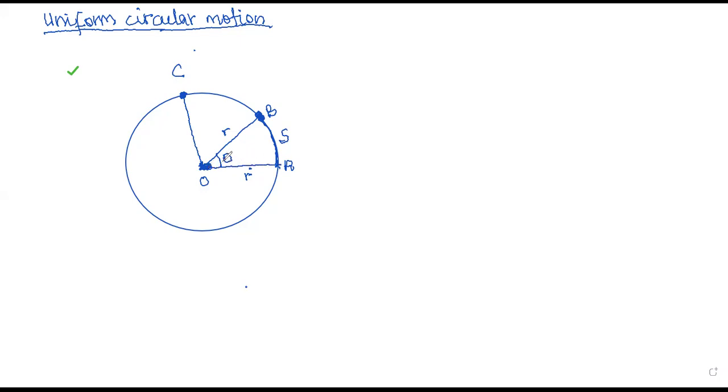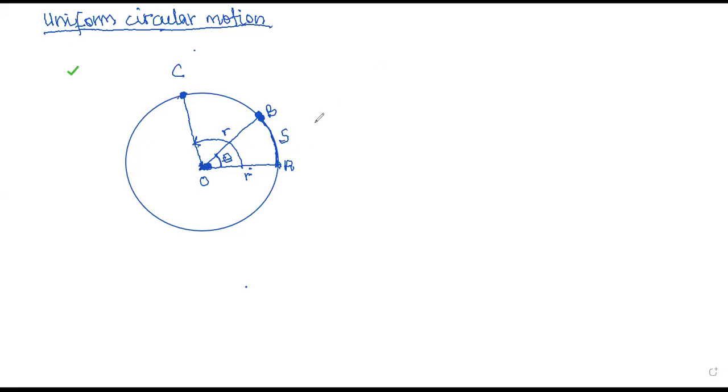So theta. While the body moves within the circular path, the radius of the circle also seems to sweep a certain angle at the center. When the body is at C, it's as if this radius, which is initially at A, sweeps this angle and then gets to C. So the greater the displacement of the body within the circumference, the greater is the angle swept by the radius at the center.